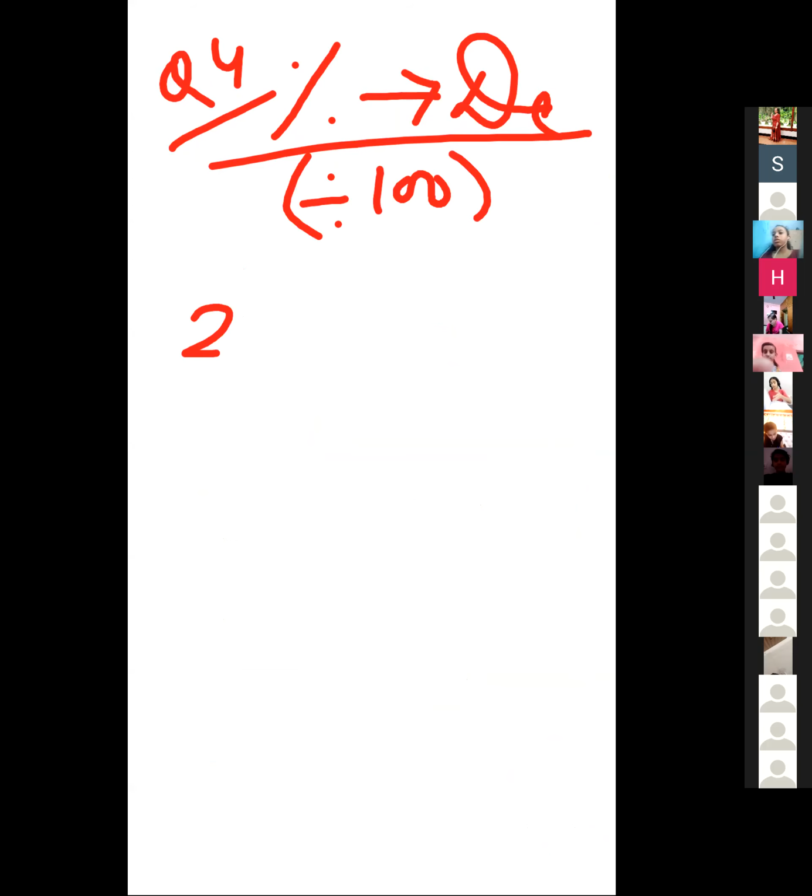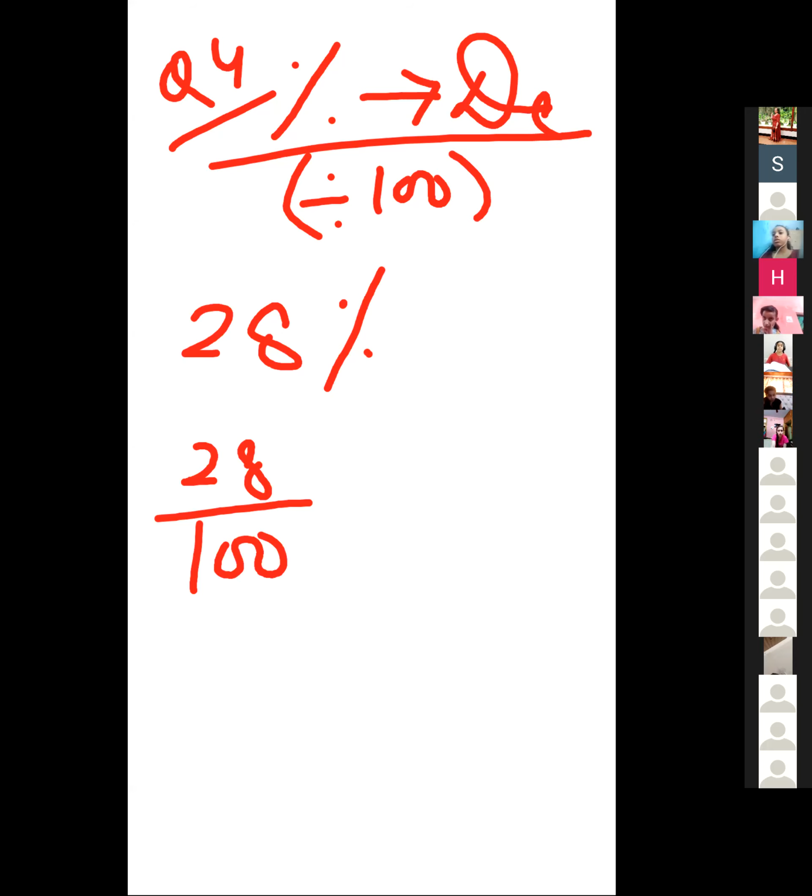Now look, there is a percent in the question. So we remove the sign of percent and we divide by 100. 28 divided by 100. The percent changes into 100. This percent changed and this 100 came below. Clear?